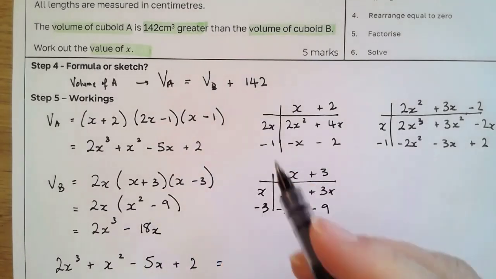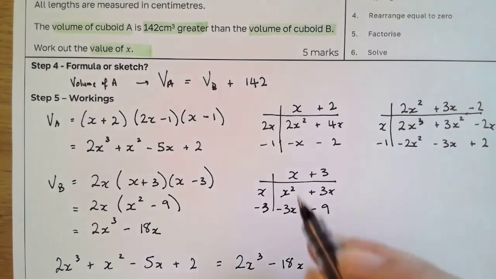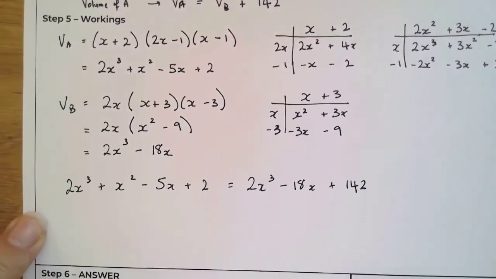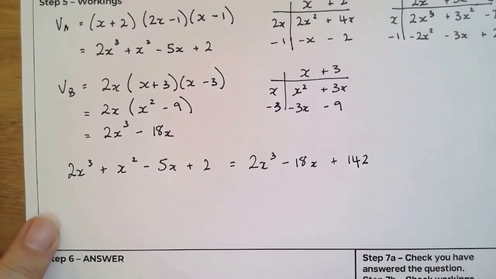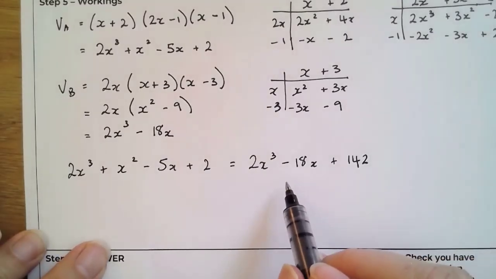Then remember what we wrote at the beginning: the volume of A, which is all of this, equals the volume of B plus another 142. Now I need to rearrange this so that we have 0 on one side. I'm going to put it on this side here.